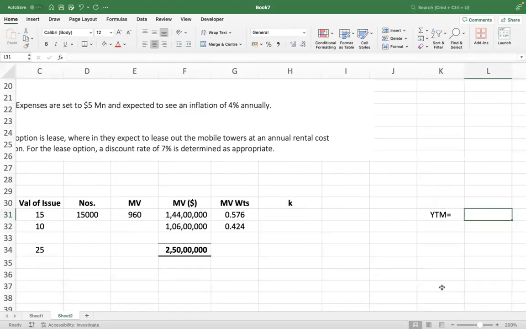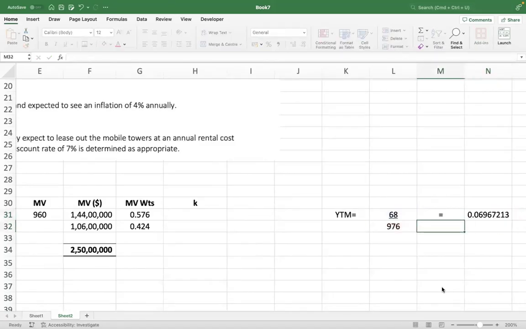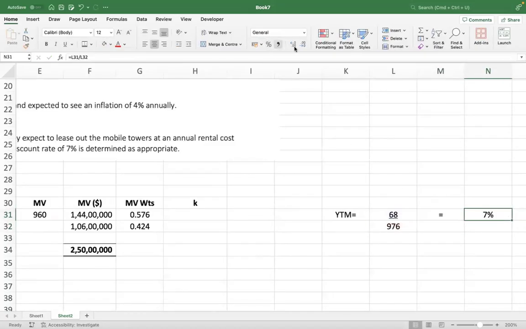YTM is C plus M minus P by N, divided by 0.4 M plus 0.6 P. So here on $1,000 there is a 6% coupon, so that's 60, plus M minus P, 1,000 minus 960, that is 40, divide by 5, and this whole thing divided by 0.4 M plus 0.6 P. So which means that you have 68 by 976 or 6.97% is your YTM.